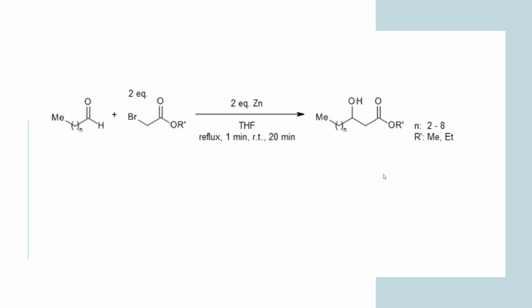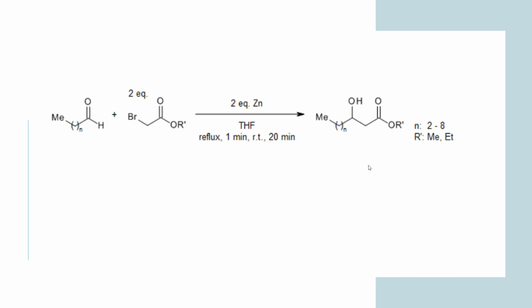Okay, so this is the interesting mechanism of Reformatsky reaction, and you must note down that the mechanism is again quite similar to the other condensation reactions or addition reactions that we have studied today.